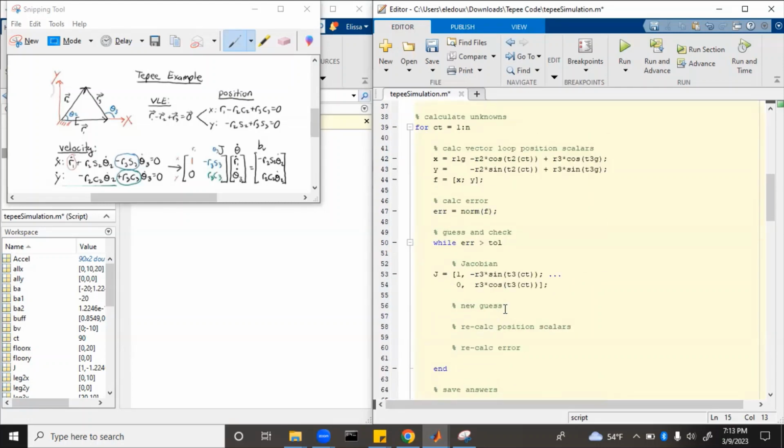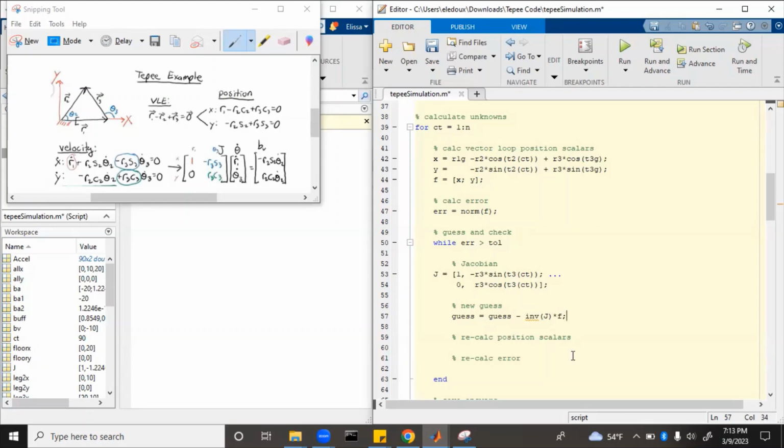Okay, so now back down here for our new guesses. So if error is greater than tolerance, it's going to enter the while loop, calculate the Jacobian. Now we need to calculate that new guess. So the new guess equation is guess equals the original guess minus that correction factor, which is inverse Jacobian times F.